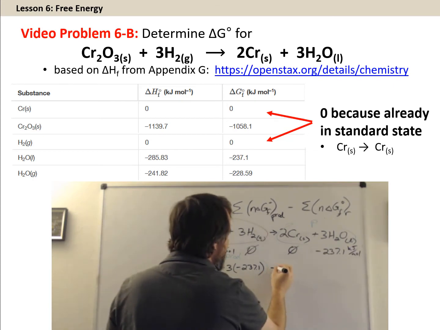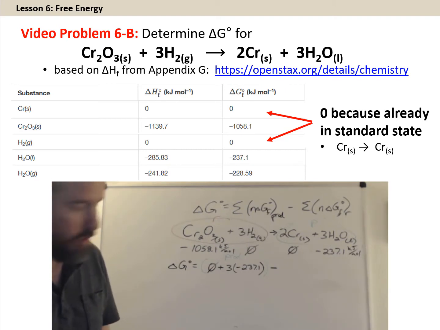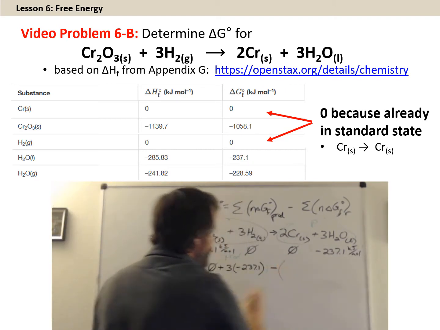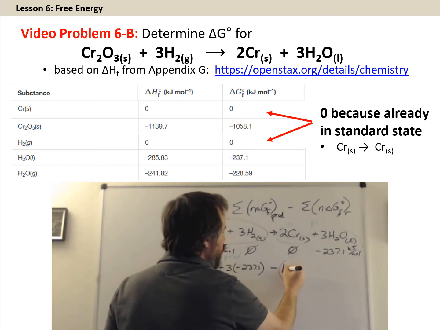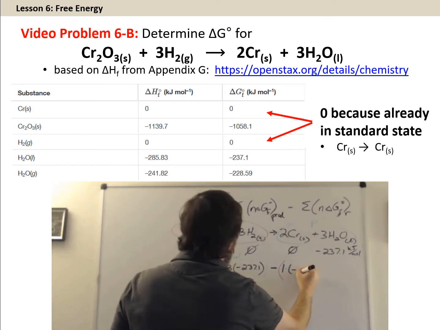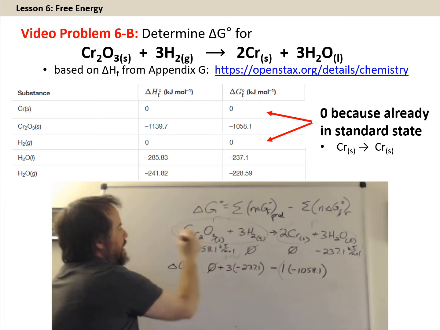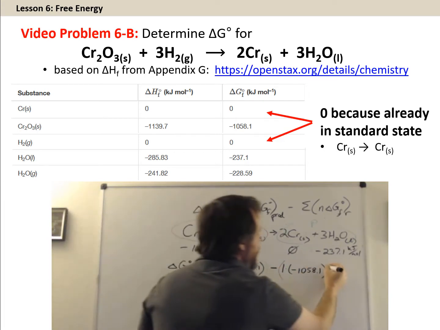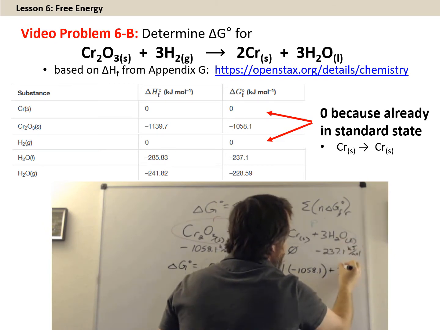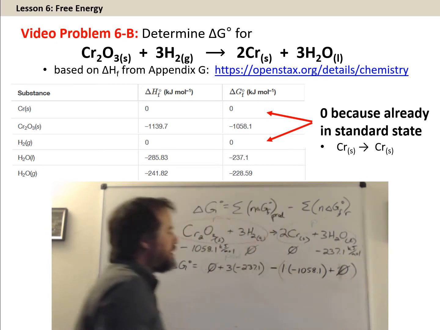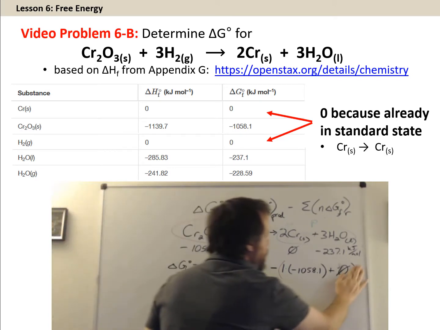And then minus, I'm going to do the same thing in red for my reactants. I get Cr2O3, so this is 1 times negative 1058.1. I have 1 here because the coefficient is 1. And then plus 0. Notice this is 3 times 0, which is just 0.